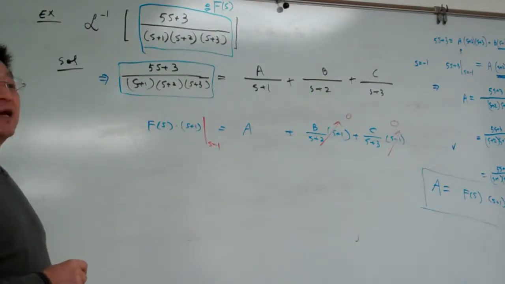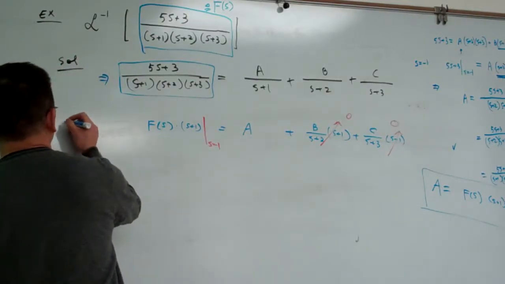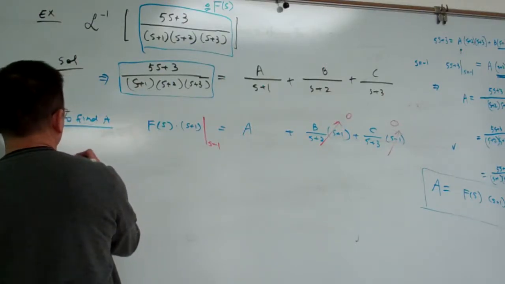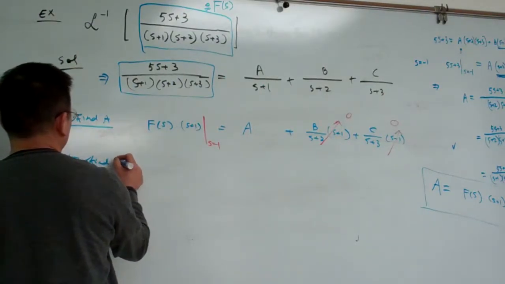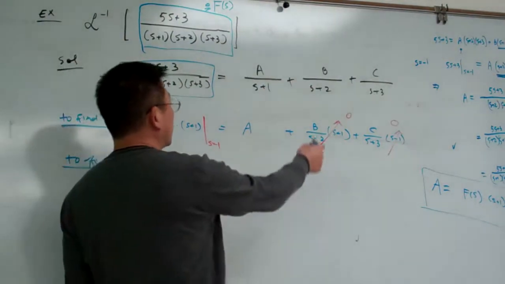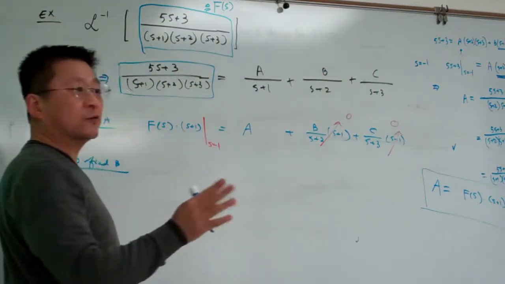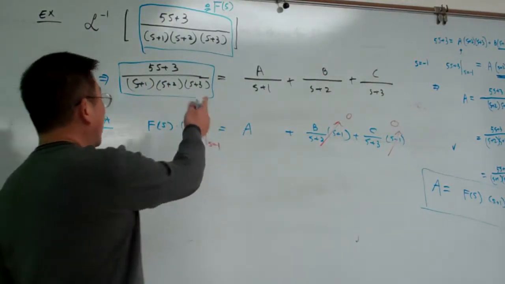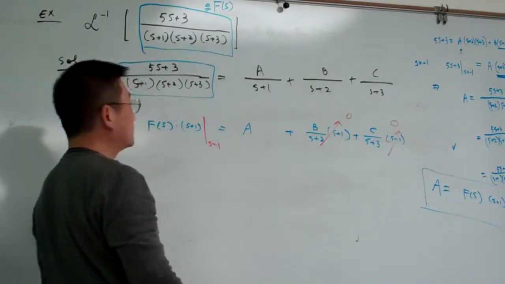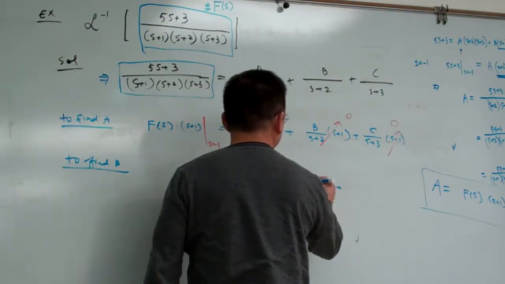And we can exercise how to determine B. To find B, the same concept, we focus on this term. We want B to stand out, so we multiply both sides with s plus 2, right? In this way, B term stands out.